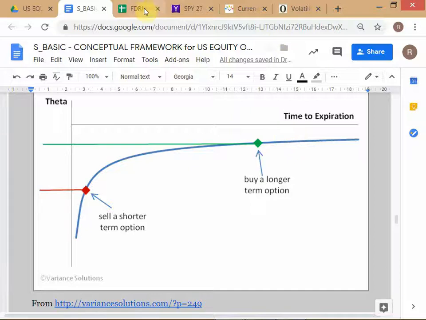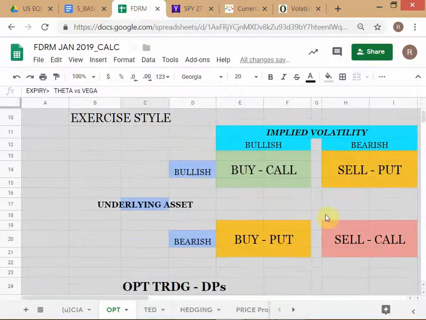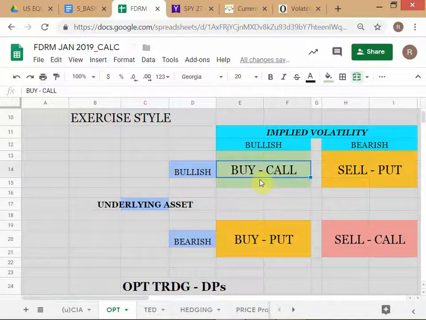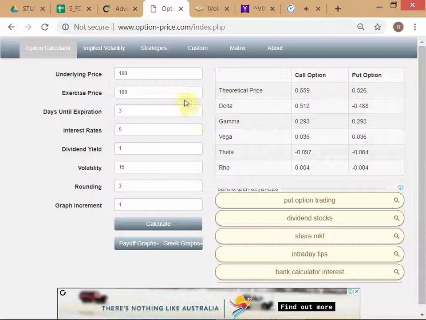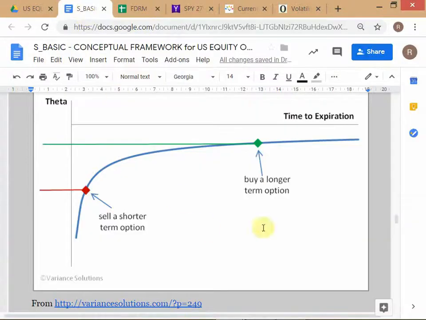Remember this matrix, or maybe remember it more intuitively: if I'm buying options, either buying calls or buying puts, that means my I vol view is bullish. So longer dated options have higher vega, and if my view turns out to be correct, I will get more bang for my buck.